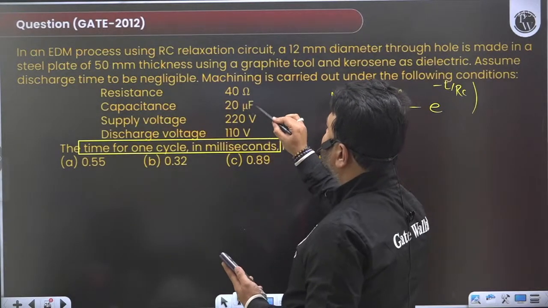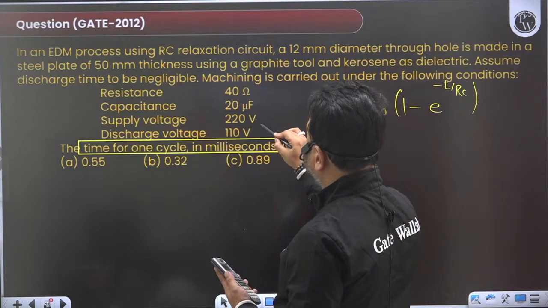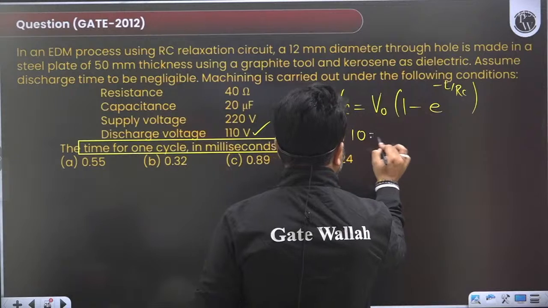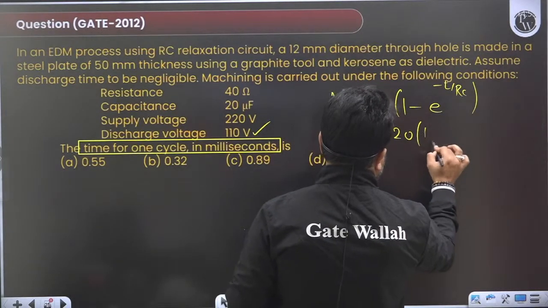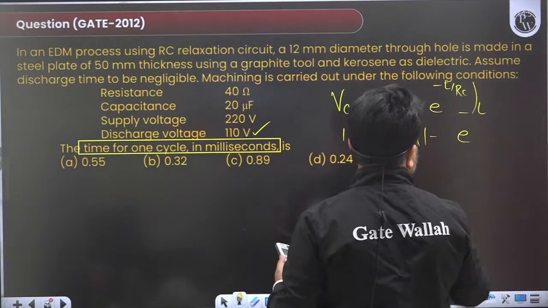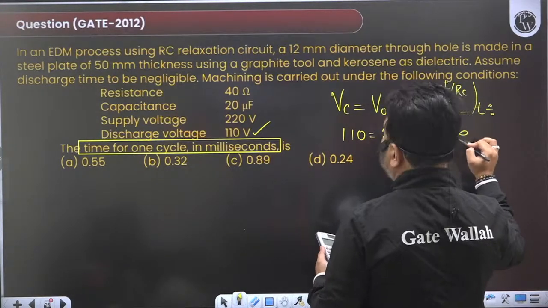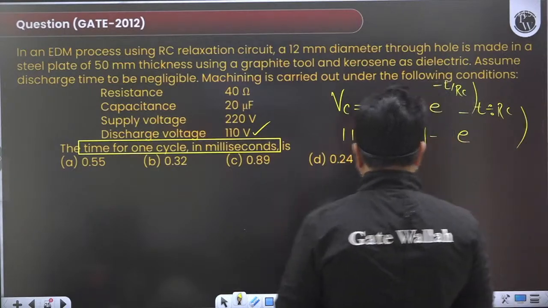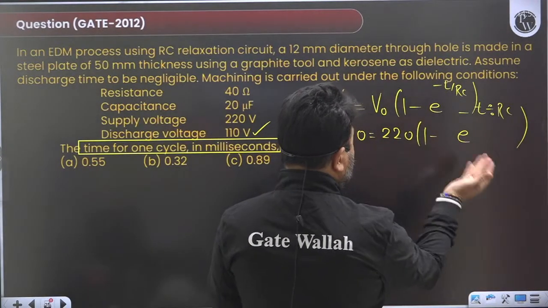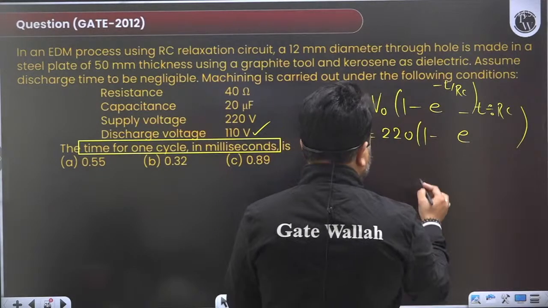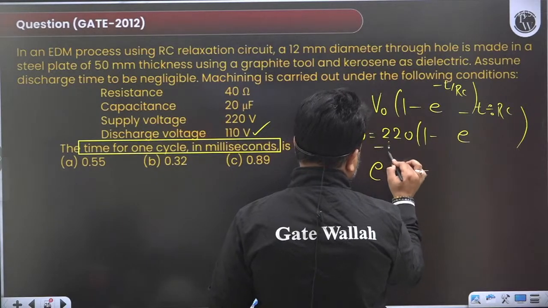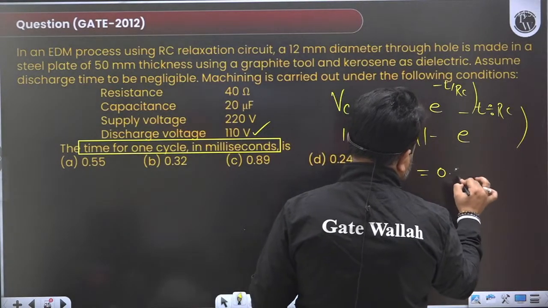The charging voltage is 110, and the supply voltage is 210. 1 minus e to the power minus t by RC, where the resistance I'm keeping as it is. So 110 divided by 210. Then 1 minus the answer, so here it comes e to the power minus t by RC equals 0.5.